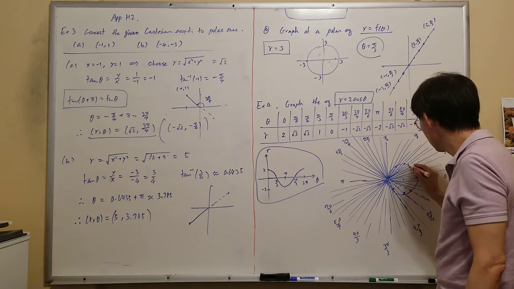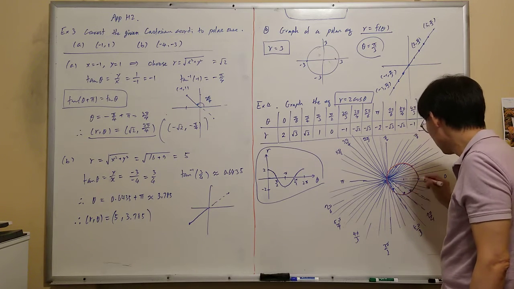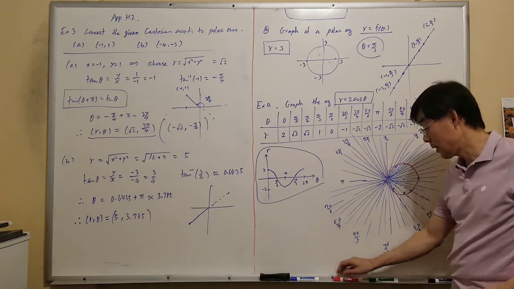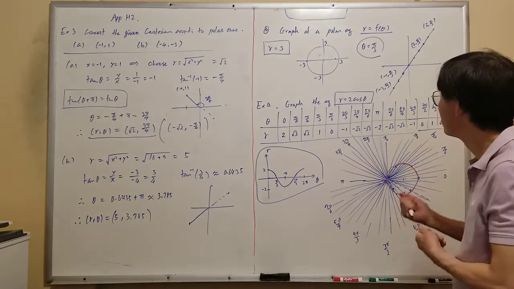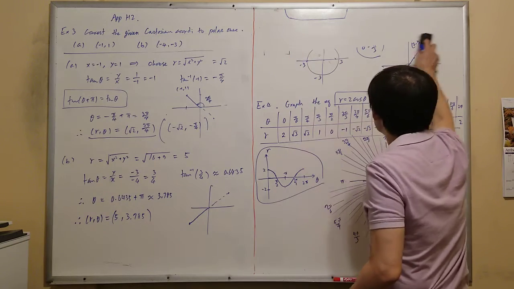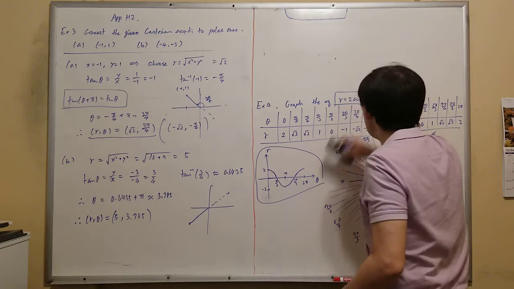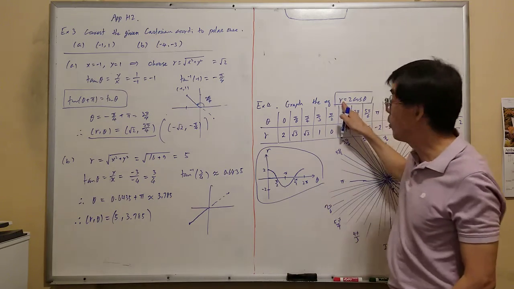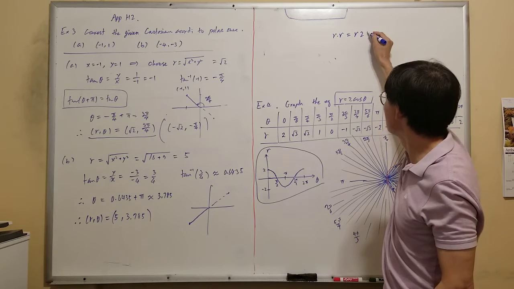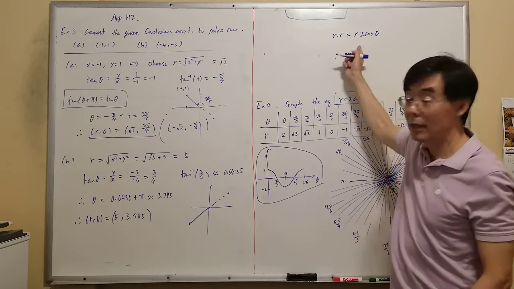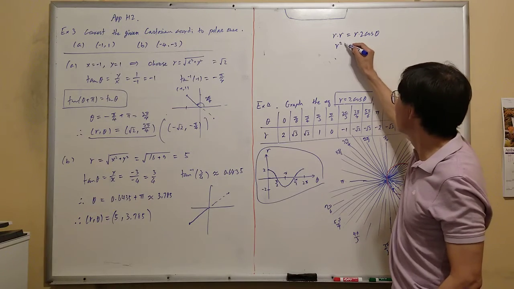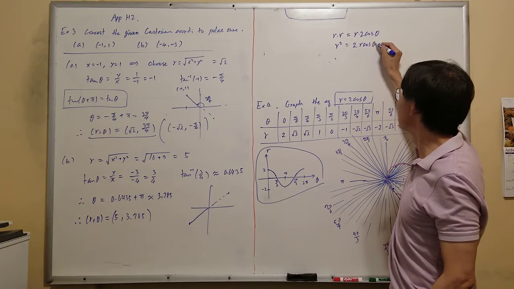So anyway, it looks like really a circle going through the origin. And actually in that case, we can prove it. How do we prove that? Well, you multiply both sides by r. r times r equals r times 2 cosine theta. I just multiply both sides of the equation by r. And you get r squared equals 2r cosine theta.